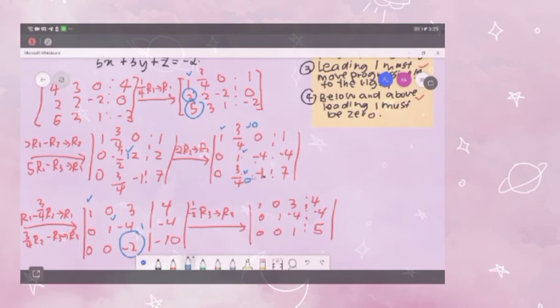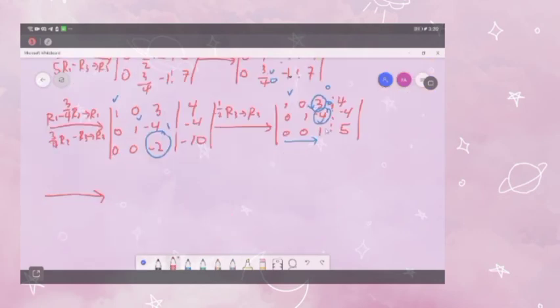Okay, so here we have leading 1 in row number 1, leading 1 in row number 2, and leading 1 in row number 3, and it moves progressively to the right, but we still have this one, this one and this one, we need to change it to 0. This one also 0. Okay, so to change above leading one for row 3 to 0 here, we will do the process simultaneously.